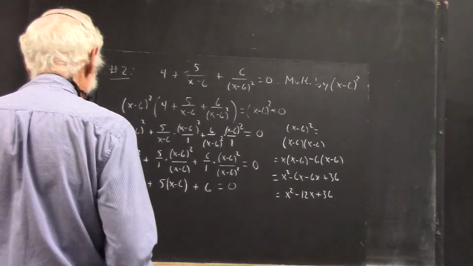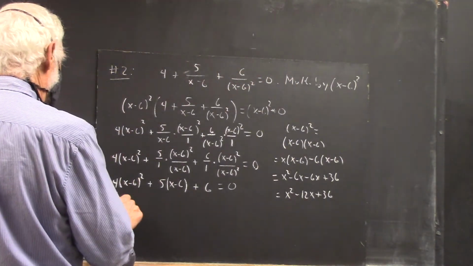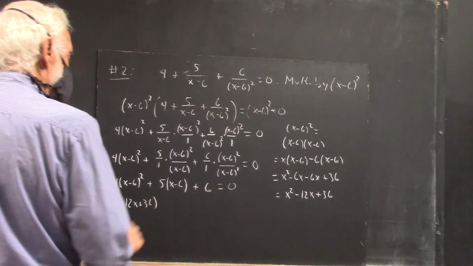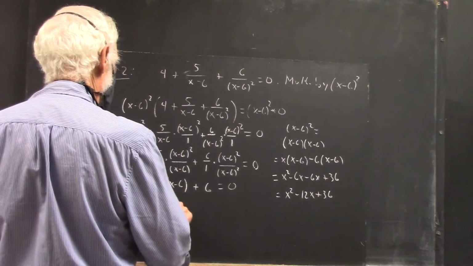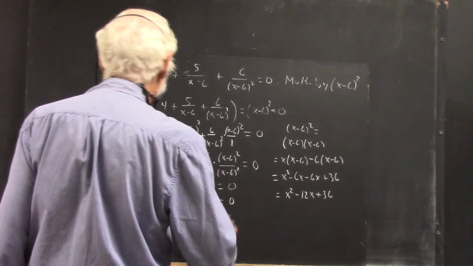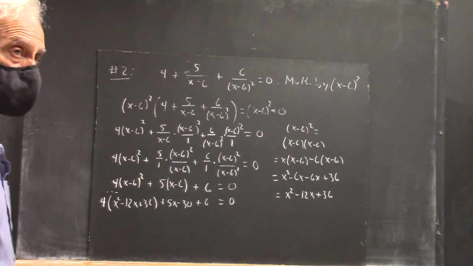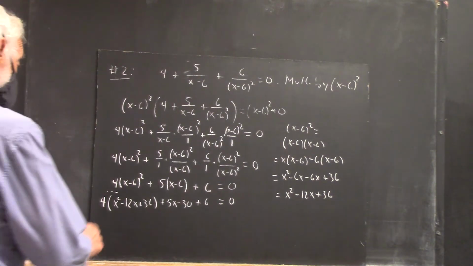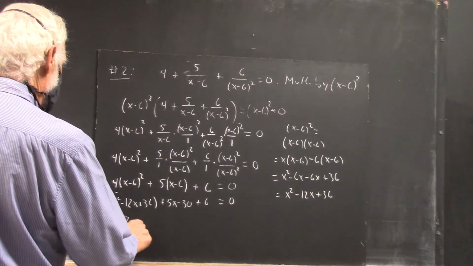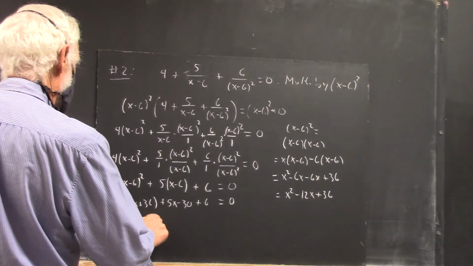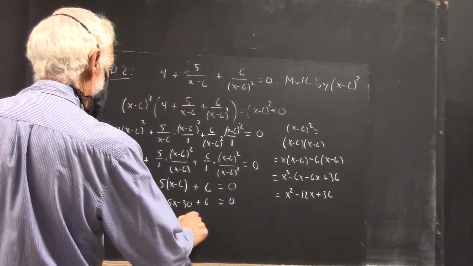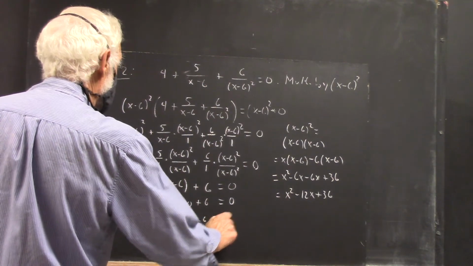So we're going to have 4 times x squared minus 12x plus 36 plus 5x minus 30 plus 6 equals 0. Then multiply both sides by 4, we have 4x squared minus 48x plus 144 plus 5x minus 30 plus 6 equals 0.